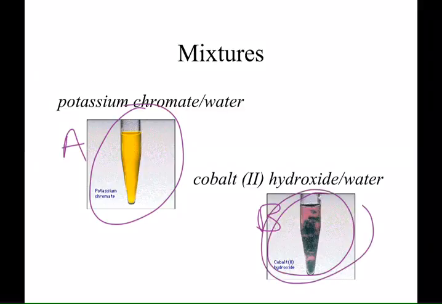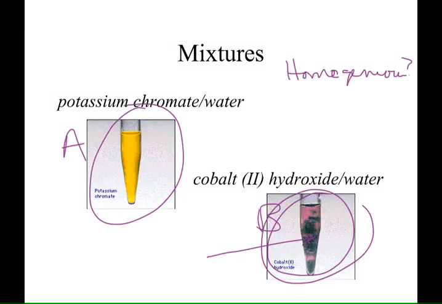Notice it's not clear, so that purple means there's something. And then we also have some solid here. So my question now is, which is an example of a homogeneous mixture? I don't know if you already have the answer on your slides or not. Which one is homogeneous? Is it A or B?